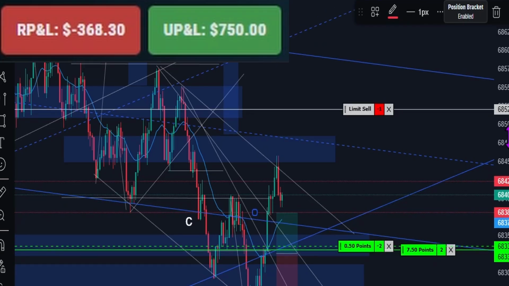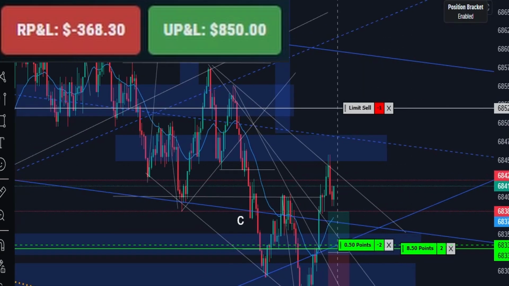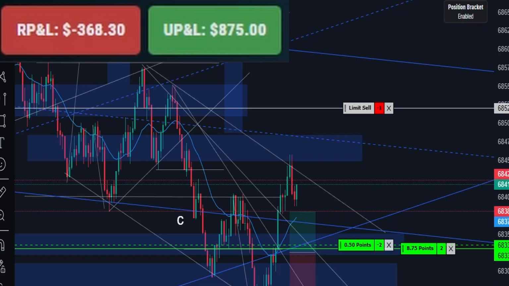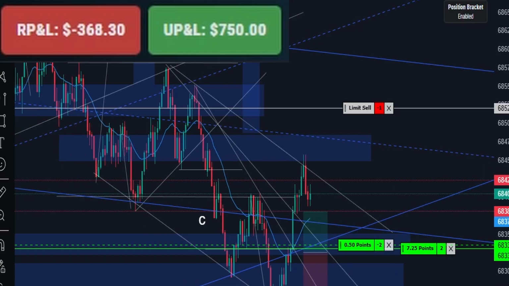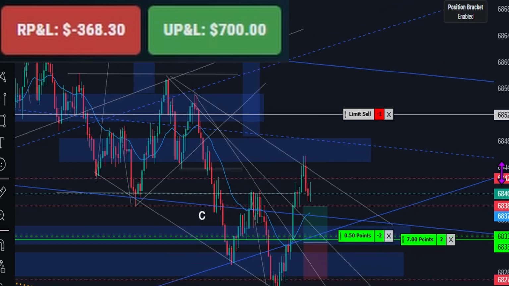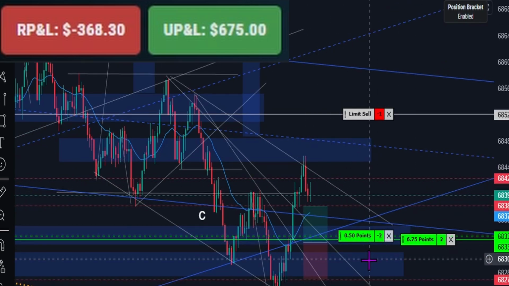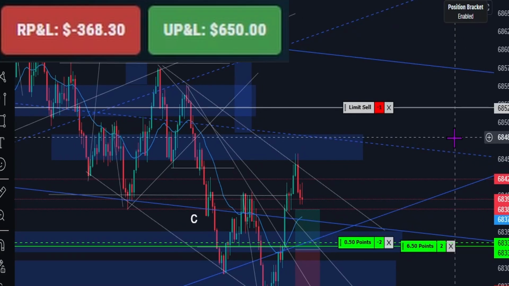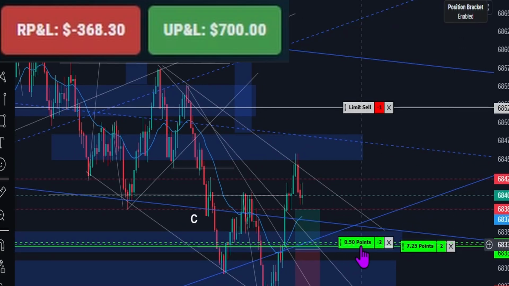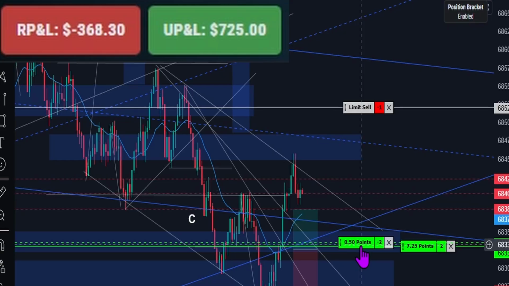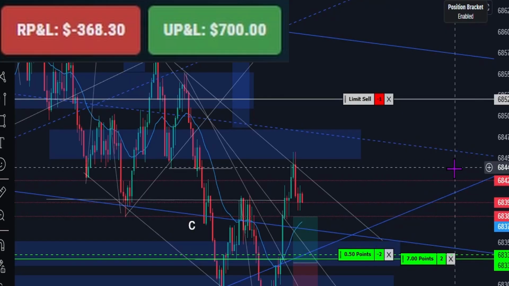Should move back up again, and maybe break the previous level, this previous level. Let's see what happens. Because this is a downtrend actually.